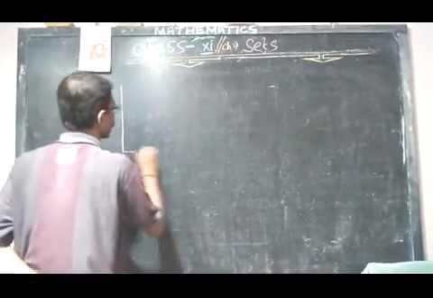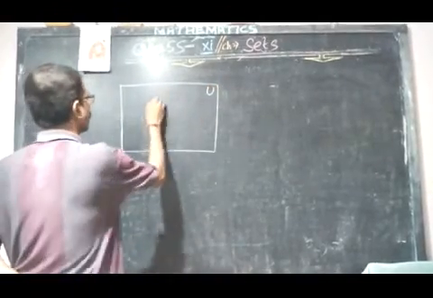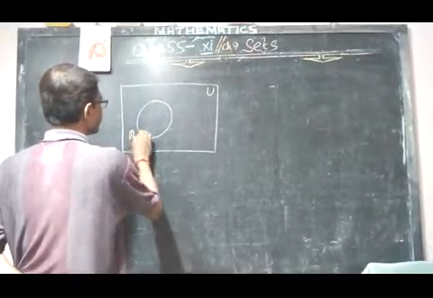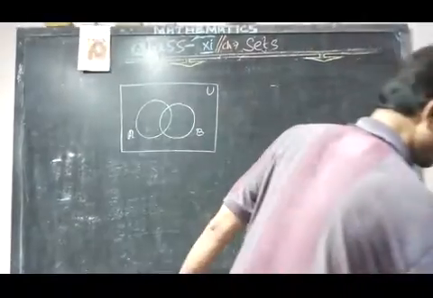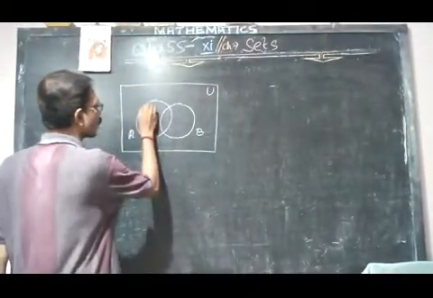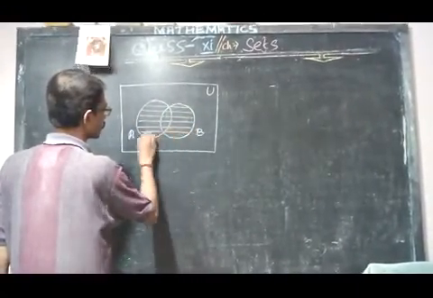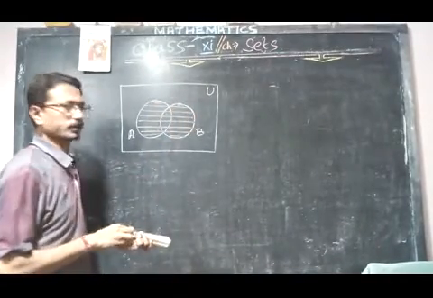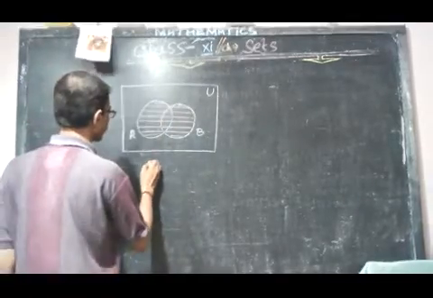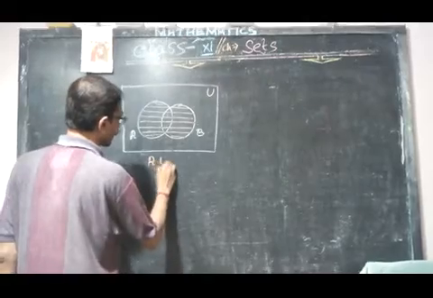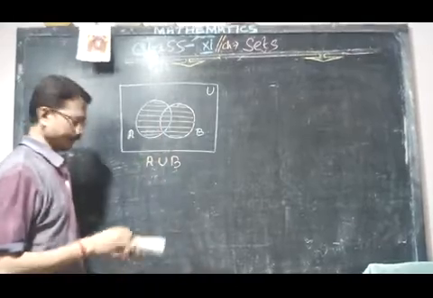Suppose this is the universal set, this is set A, this is set B. Then the union of two sets is this portion, denoted by A union B. This sign is known as union.